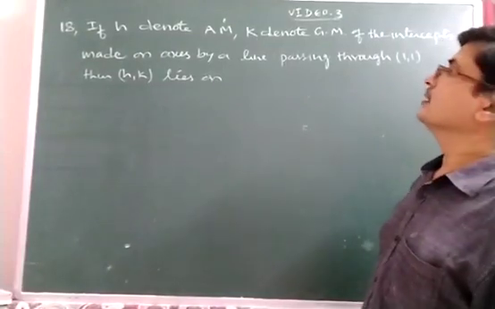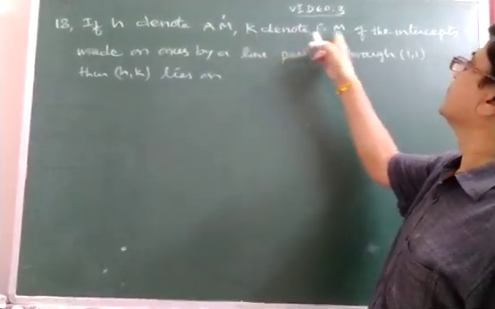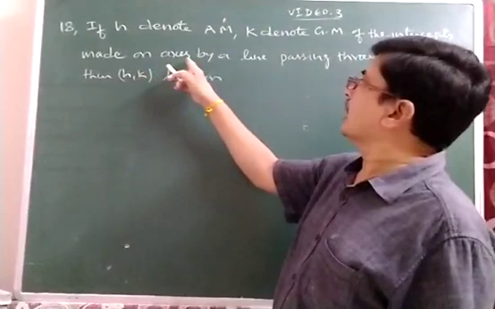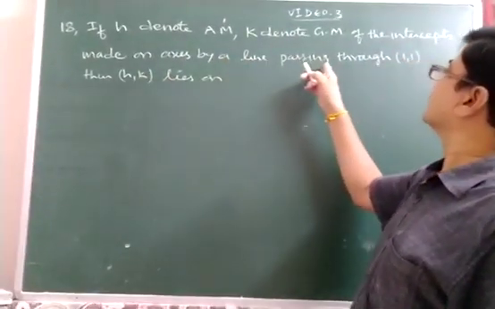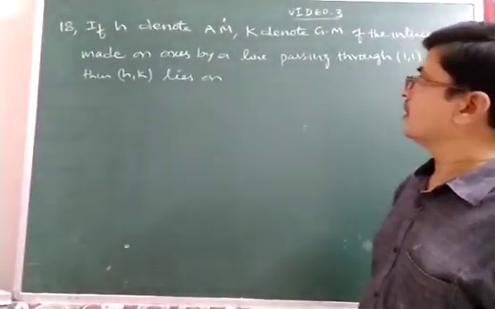Question number 18. If h denotes the arithmetic mean and k denotes the geometric mean of the intercepts made on the axes by a line passing through (1, 1), then (h, k) lies on.